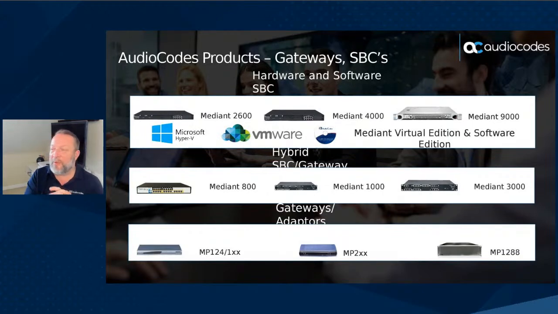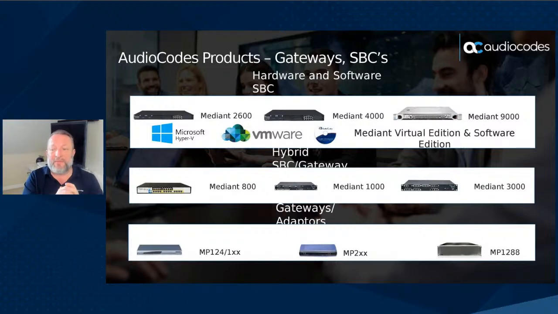One thing for me when I'm using a device, there's nothing worse than having different interfaces or different applications that you need to get used to from one device to another. With all of the AudioCodes SBCs and gateway devices, the actual portal, the UI, is completely the same across all of the devices, whether they're virtual or physical.